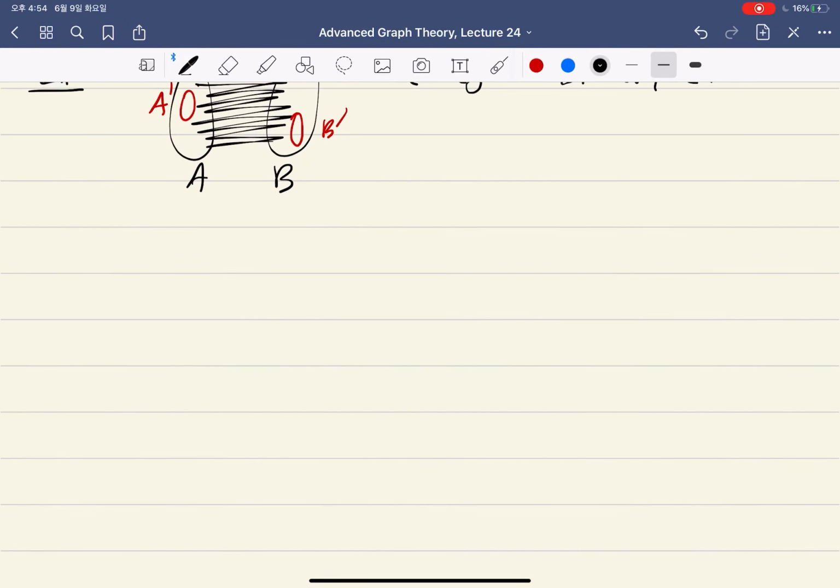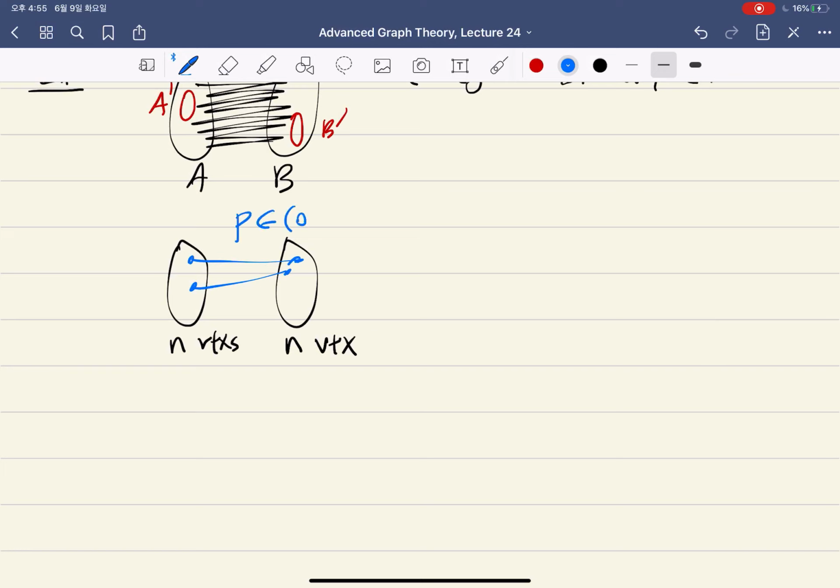Also, if you have n vertices here and n vertices here, and you add an edge between them with probability p, where p is some number between 0 and 1, then when n is large enough, you can prove that this random bipartite graph is also epsilon regular.